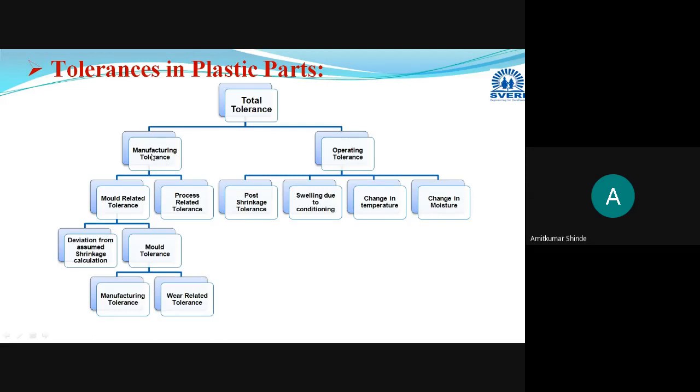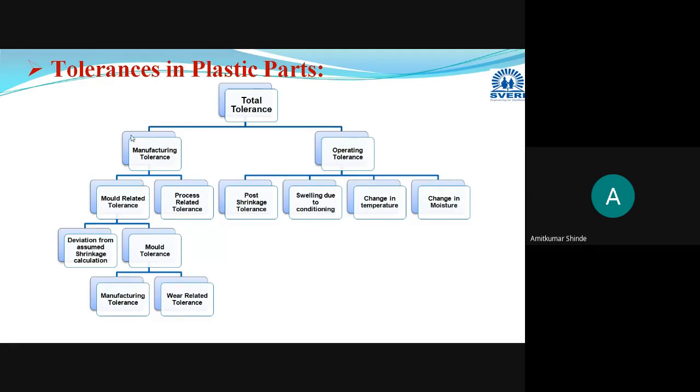Then the manufacturing tolerance. In this manufacturing tolerance, two tolerances will be there. One is the mold related tolerance. Okay. In the mold related tolerance, whichever changes will occur in the mold, for that we are providing one tolerance, that is the mold related tolerance.